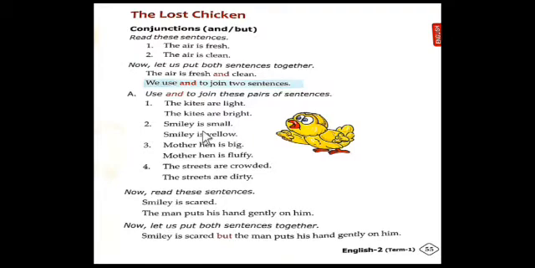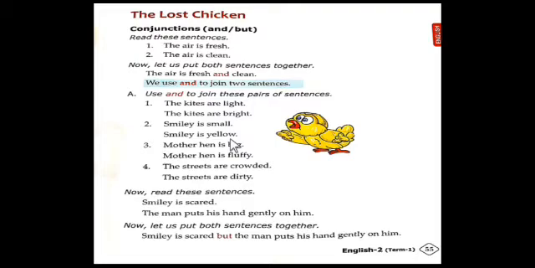Correct? So here we use the conjunction and to join two sentences. Smiley is small and Smiley is yellow. Okay, then it becomes Smiley is small and yellow.